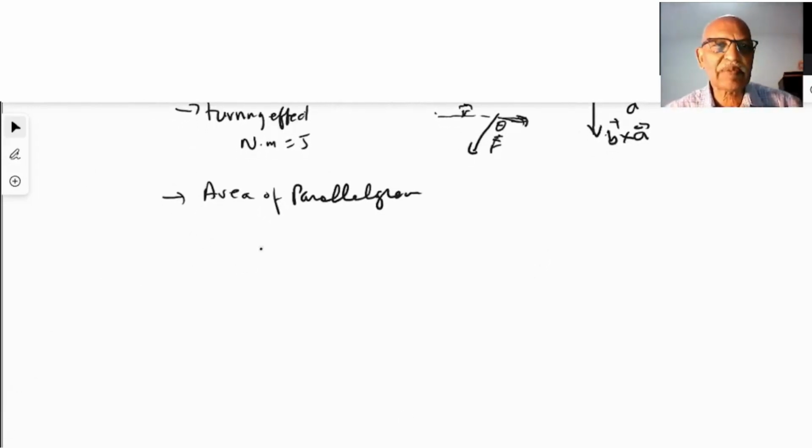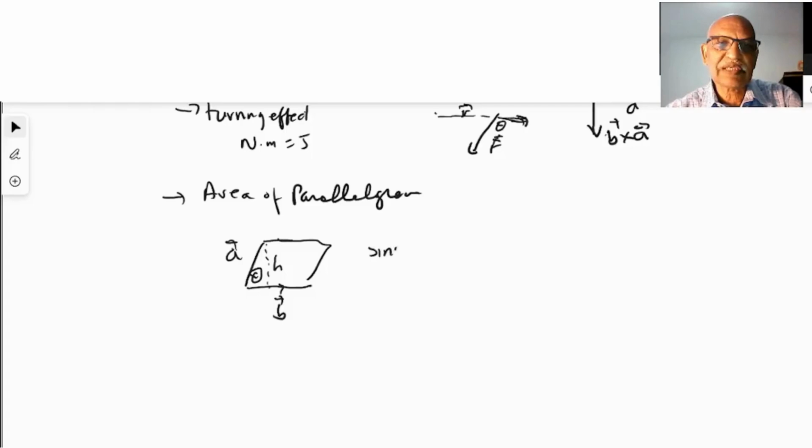If I have a parallelogram here, this is vector B, the base, and this is vector A, and this is the angle. We know that area of parallelogram is base times height.